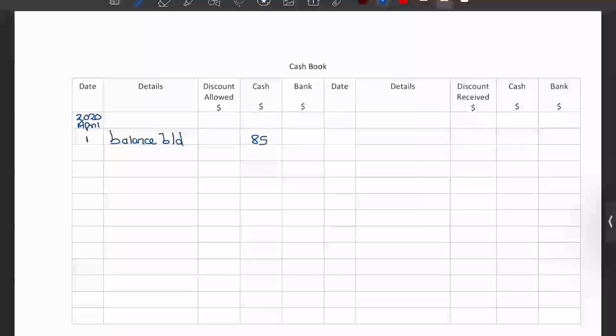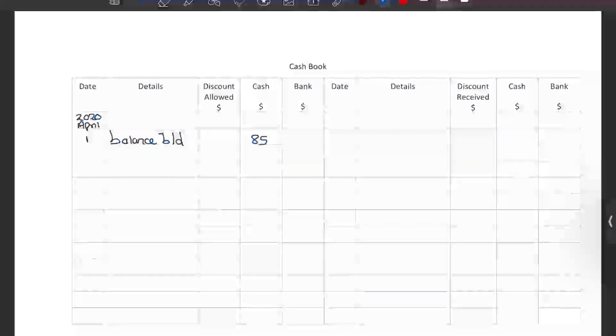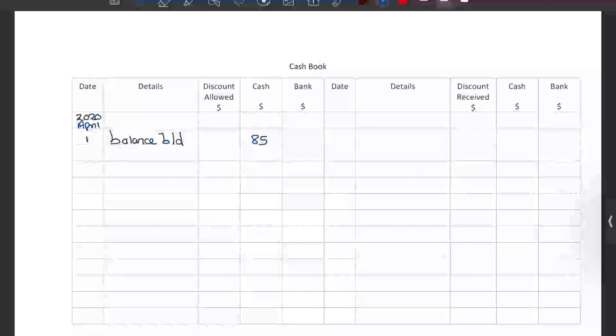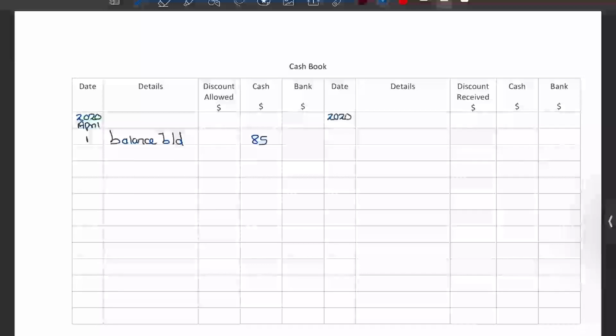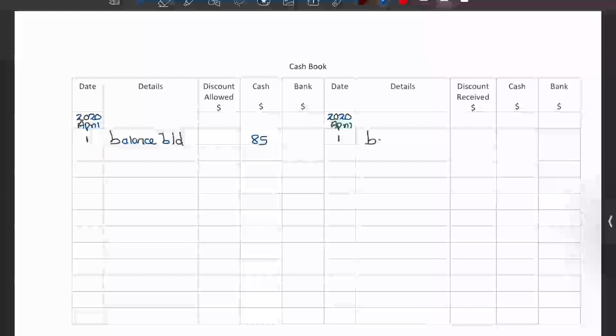If they just say bank balance, you put it on the debit side. But if they say bank overdraft, remember bank overdraft is a liability. You have to take it to the credit side. So 2020, April 1st, balance brought down.